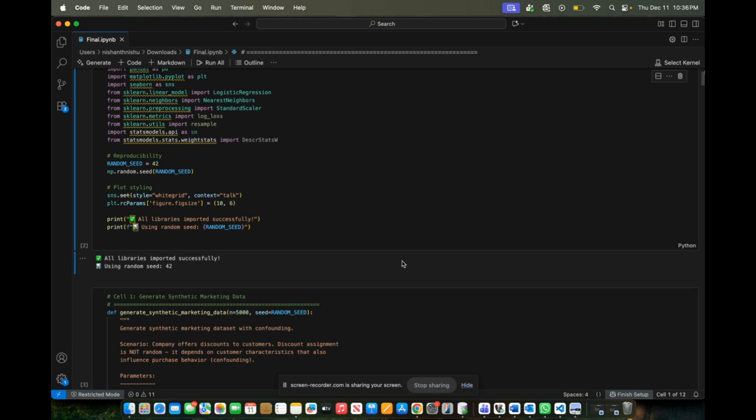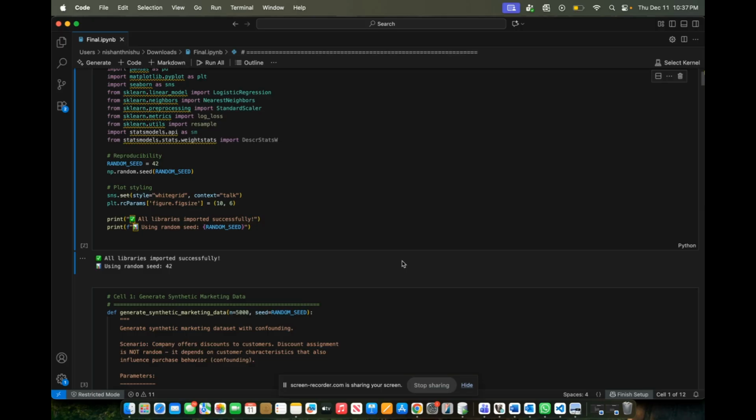Here we discuss what propensity score matching is. Let's describe it in three steps. First, estimate a propensity score. A logistic regression predicts how likely each customer was to receive the discount based on covariates like loyalty, engagement, age, and marketing channel.